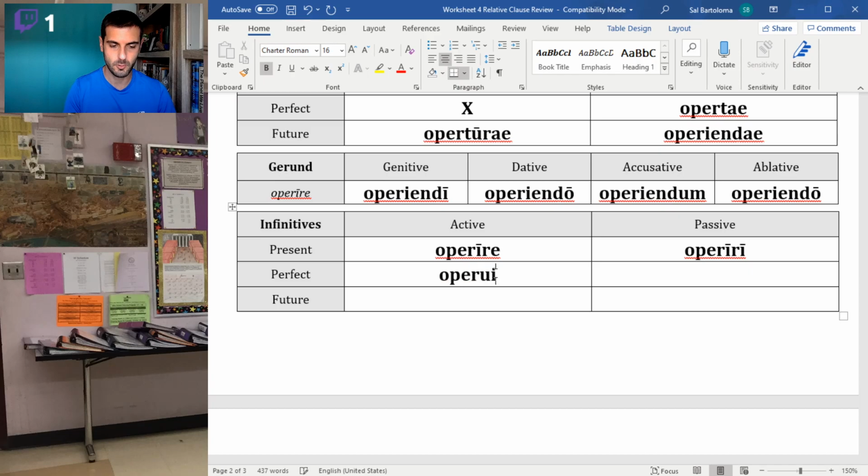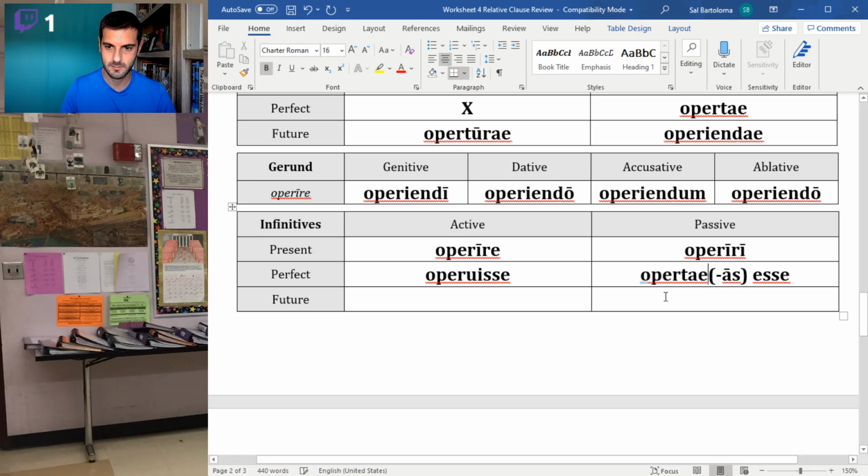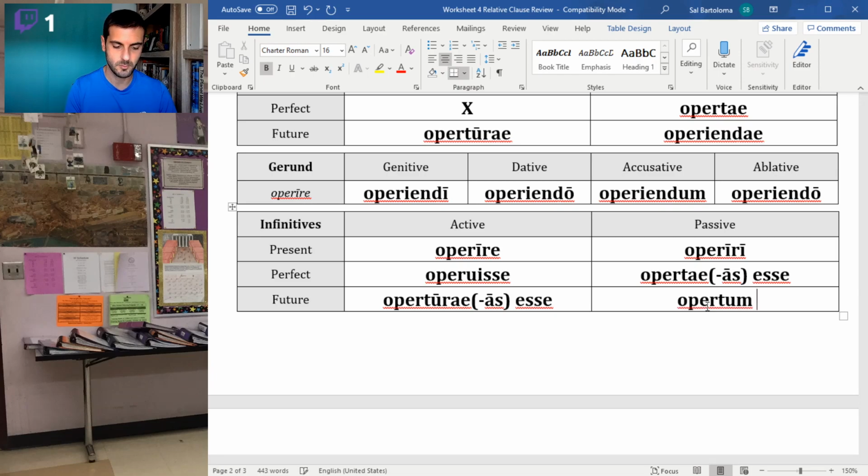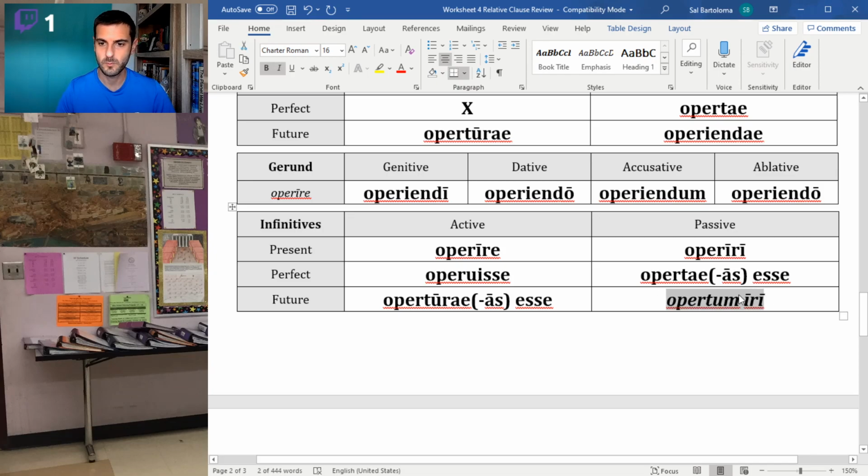Perfect active, operuisse. Perfect passive, opertae or opertas esse, os, because oftentimes it would be in the accusative for indirect statement. Operturae or operturas esse. And then this guy is always opertum iri. We don't care as much about that guy, though.